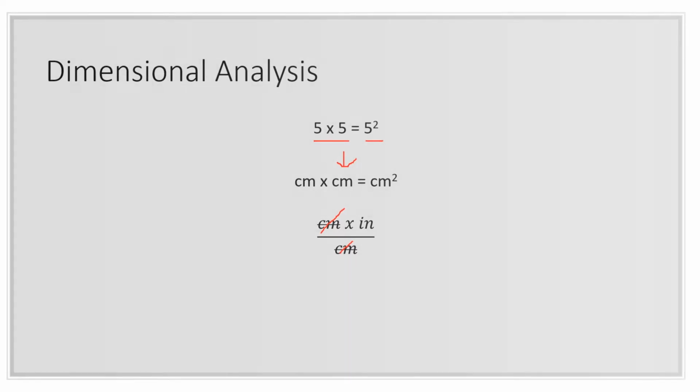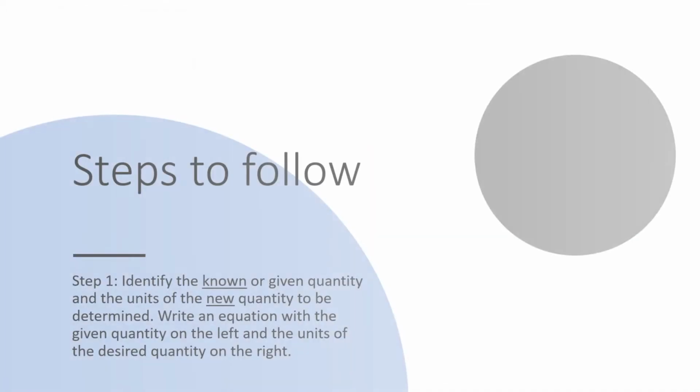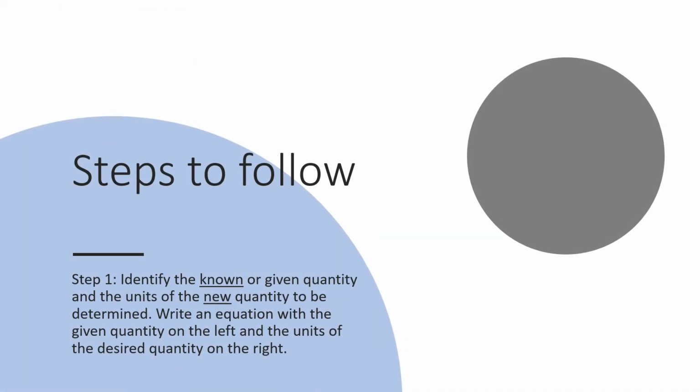Now, we have steps to follow in performing dimensional analysis. To be specific, we have three steps to follow. These steps are simply guidelines and not actual rules. This is just to make your computations easier, other than actually setting the standards for dimensional analysis.